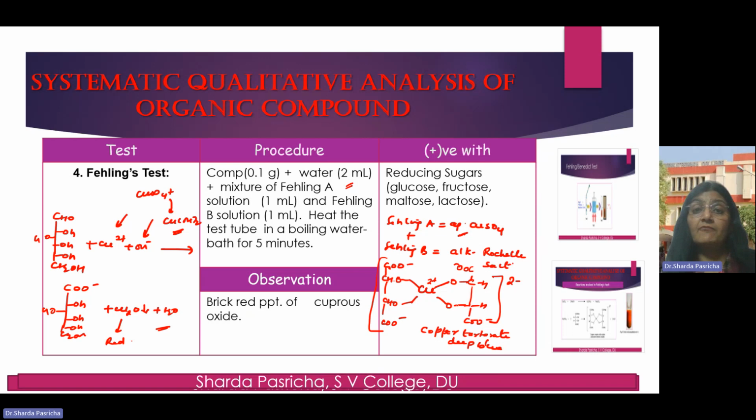And when you heat with the aqueous solution of sugar in the boiling water bath, slowly, cupric ions are released from this complex and they react with sugar to oxidize it, and themselves they get reduced to cuprous ions, giving you that red precipitate. I hope you understand the chemistry now.